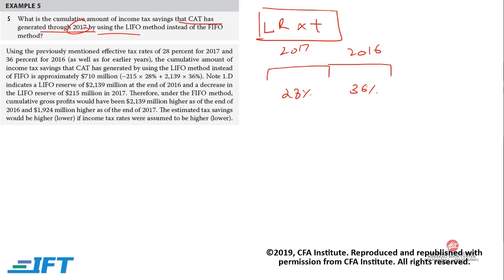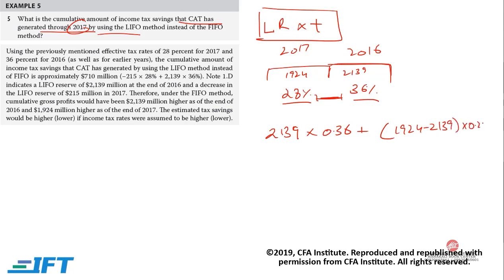In order to find out the amount of income tax saving, the LIFO reserve for 2017 was 1924, and for 2016 it was 2139. But because there is a discrepancy, in 2017 the tax rate is 28% and in 2016 the tax rate is 36%, in order to find the income tax saving, we compute 2139 multiplied by 0.36, plus the change, 1924 minus 2139, multiplied by 0.28, and we get 710.